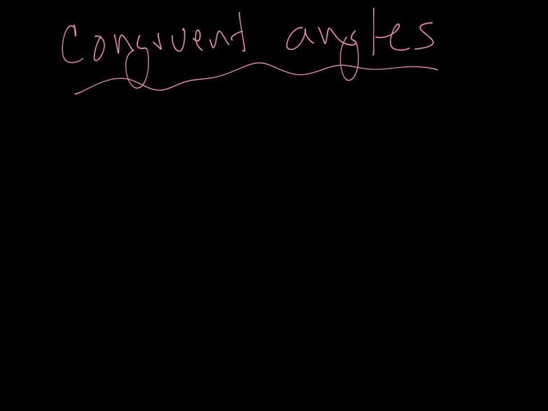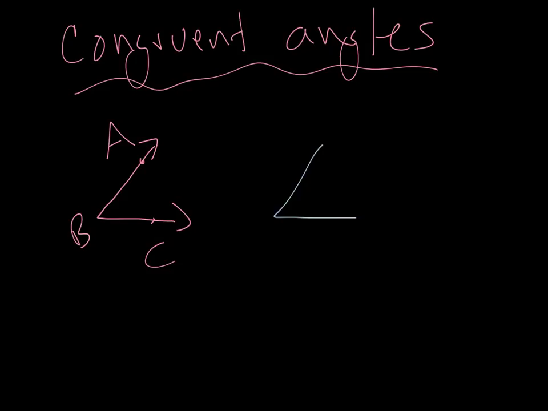The next thing I want to talk about is congruent angles. Congruent angles are when you have 2 angles that have the same measure. So I'm going to try to freehand this. Let's say I have this angle right here, let's call it angle ABC, and let's say I have this other angle, and I'm going to try to draw the same, and if I measured it, we'll pretend it would be the same, and we'll call it DEF. The way that you show that these are congruent is you draw in these congruent marks.